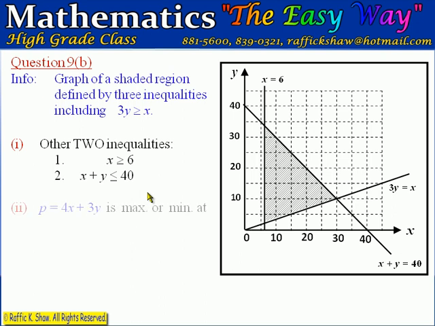Now let's move to part 2. Now part 2 says the function p equals 4x plus 3y satisfies this shaded region. It satisfies the solution for the inequalities. And we are asked to identify points in this graph that can be used to find the maximum or minimum values of p.